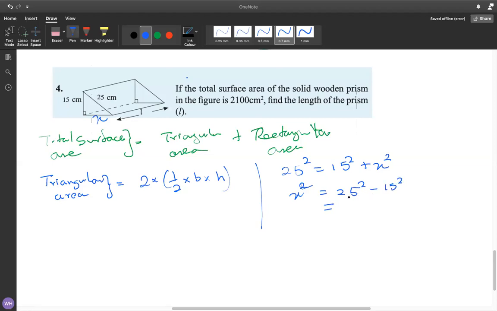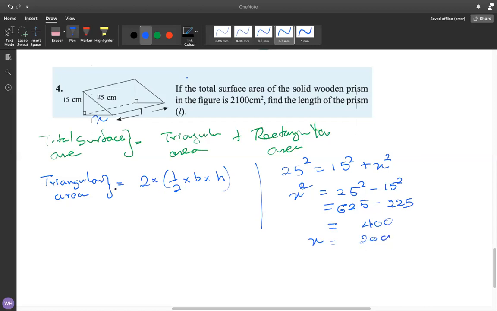So 25 squared minus 15 squared is 625 minus 225. Subtracting, it is 400. So x is the square root of 400, which is 20 centimeters.